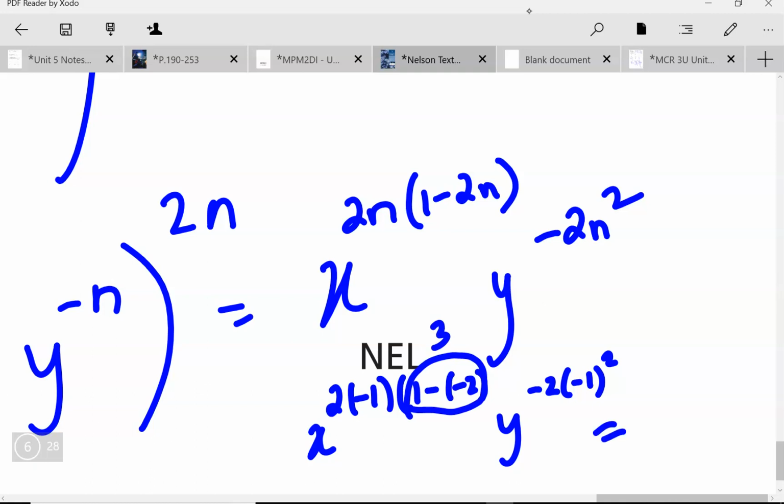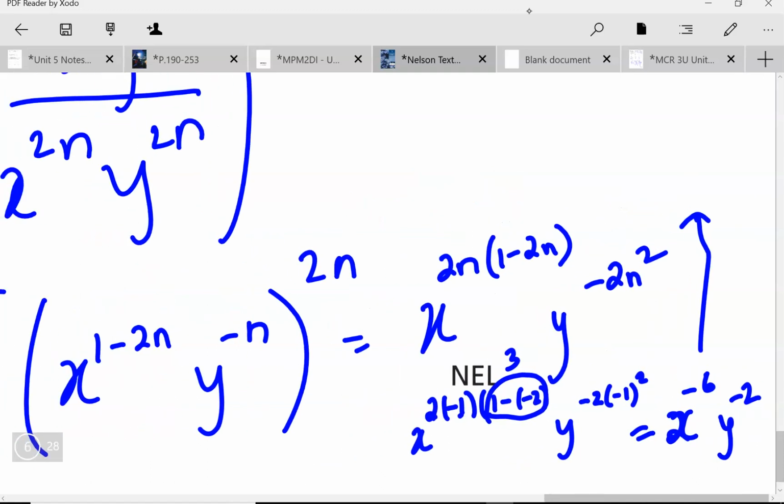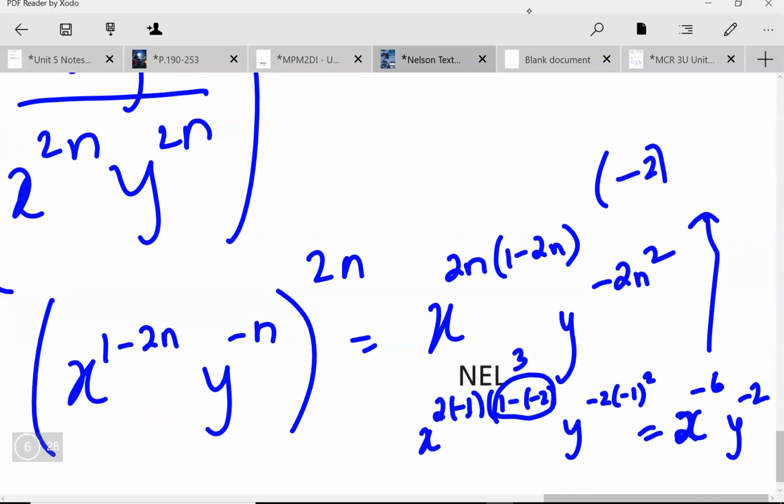So now that becomes 2 times negative 1 is negative 2. So x to the power of negative 6, y to the power of negative 2, which is negative 2 to the power of negative 6 times 3 to the power of 2, which is actually negative 1 over 2 to the power of positive 6 times 3 squared.